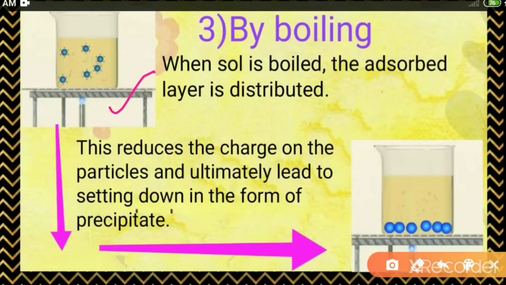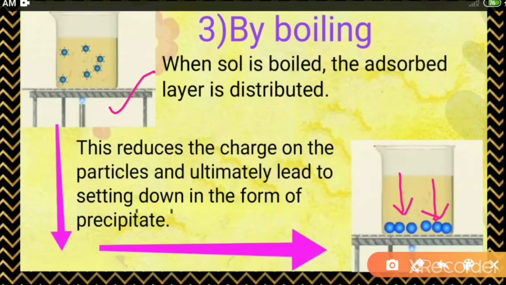That means the first layer gets disturbed, and this reduces the charge on the particles and ultimately leads to settling down in the form of precipitate. So ultimately when the charge is removed, it settles down. Where have we seen this type of example? The sols get coagulated on heating. One example is the coagulation of butter.